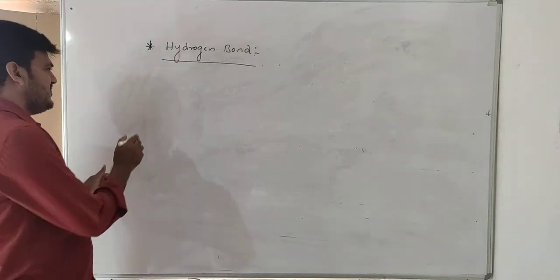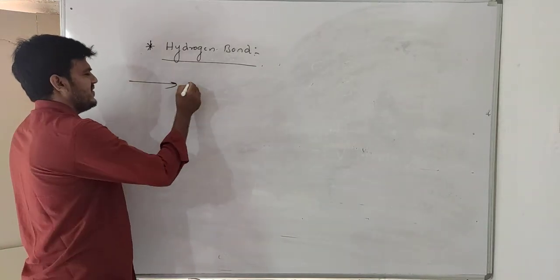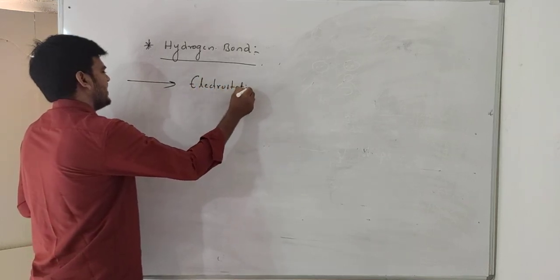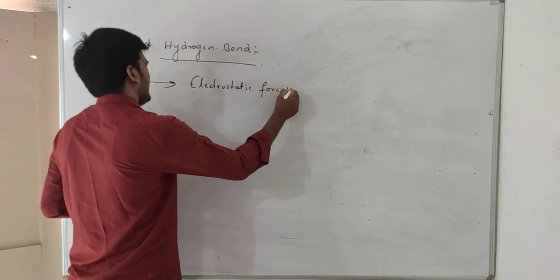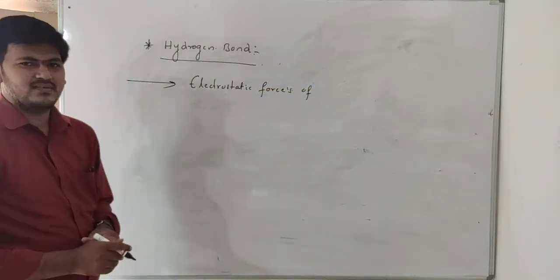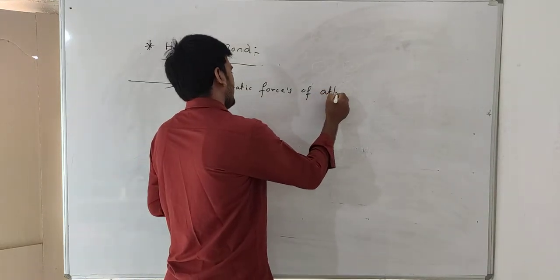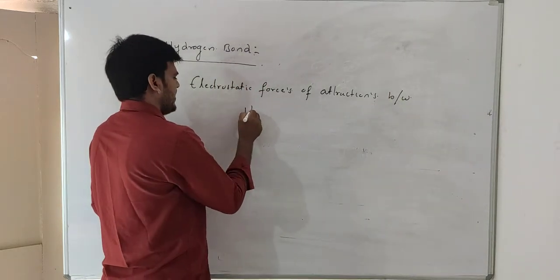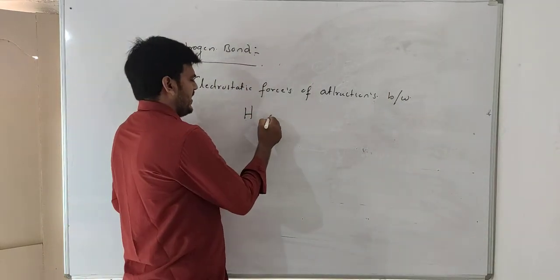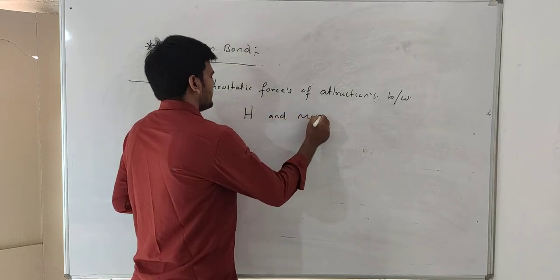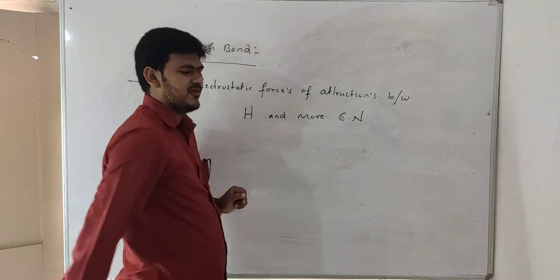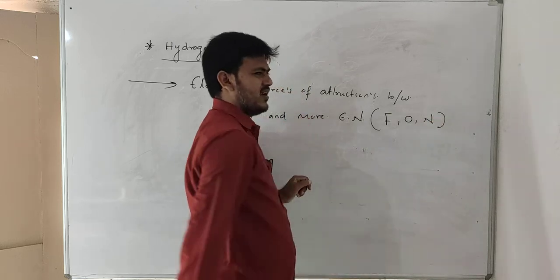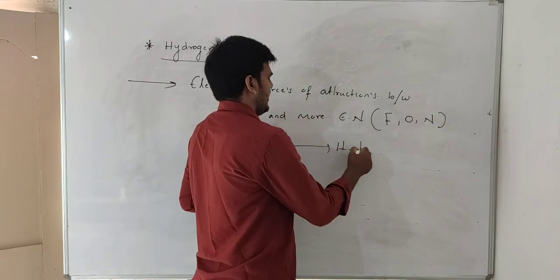Very simple. The weak electrostatic forces of attraction between hydrogen atom and more electronegative atoms, that is fluorine, oxygen, nitrogen, etc. So it's called hydrogen bond.